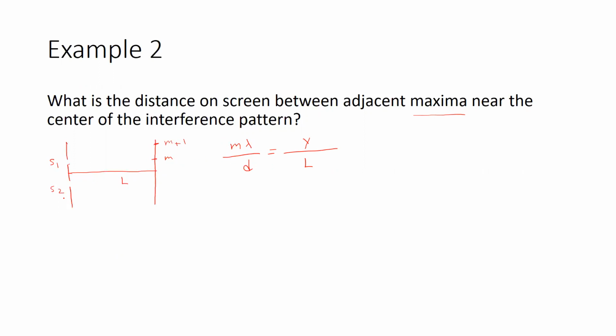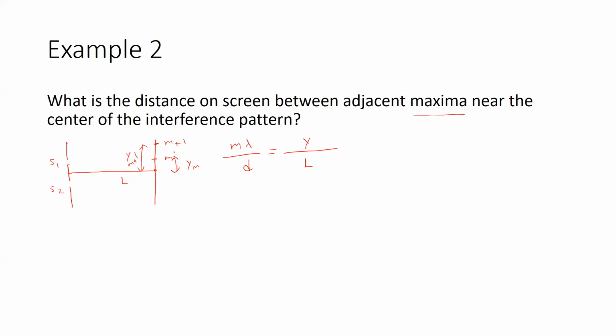D is the distance between the two slits, from here to here, and L is the distance from slits to the screen. And Y is the distance between the central bright point and the next one. For example, if I calculate this for M plus 1, this is my Y M plus 1, and this part is Y M.